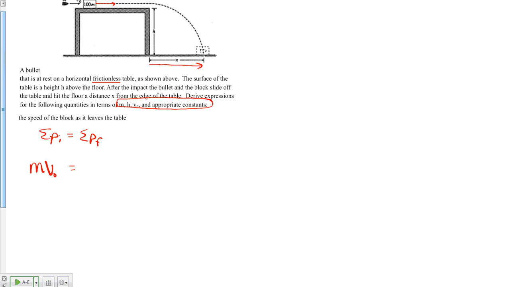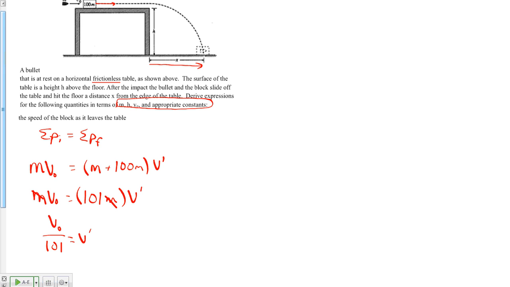Afterwards, those two masses have combined, m plus 100m, times their new speed. So this becomes m v naught equals 101m times v prime, so divide, v naught over 101 equals your new speed.